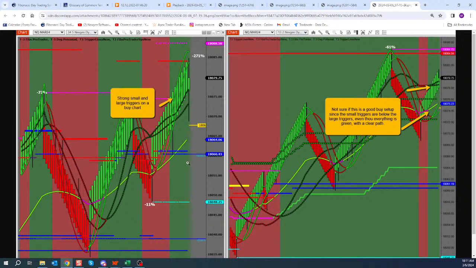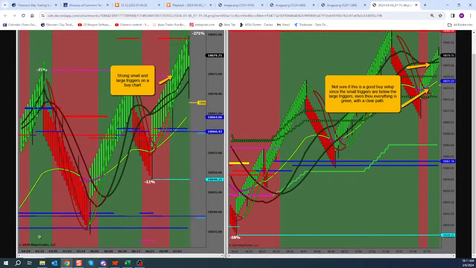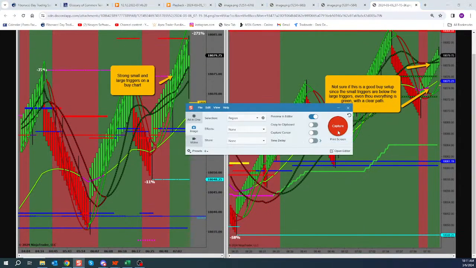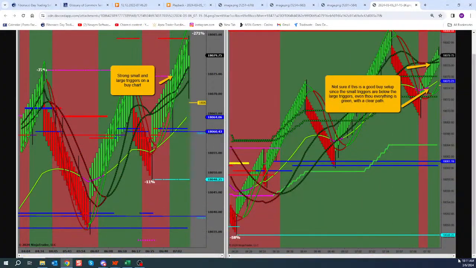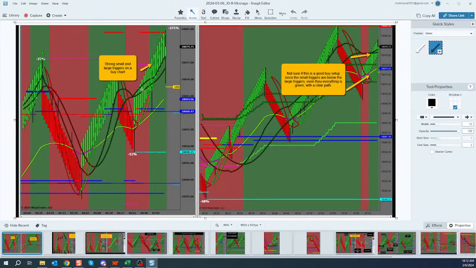And then Grant, same idea. This was the long that I took. And you're saying, I'm not sure if this is a good buy setup. And I hope you're in here. And once again, I'm going to play my broken record card, guys. There's 3 rules that we talked about for the high probability trend trade.